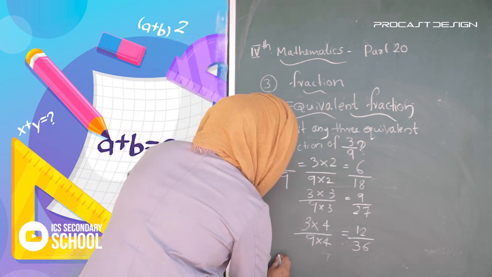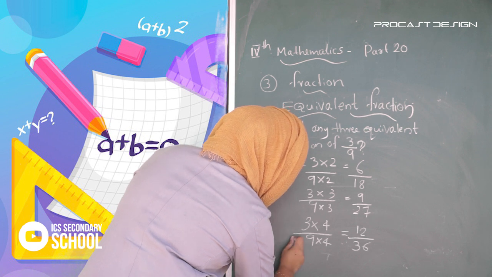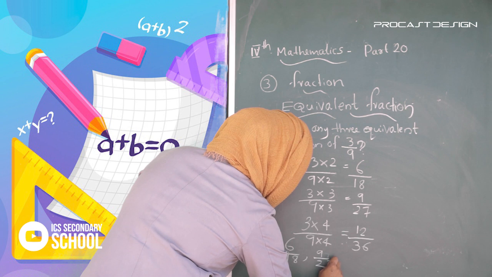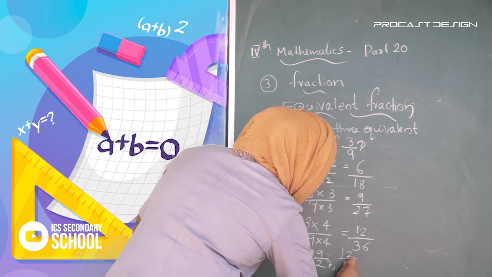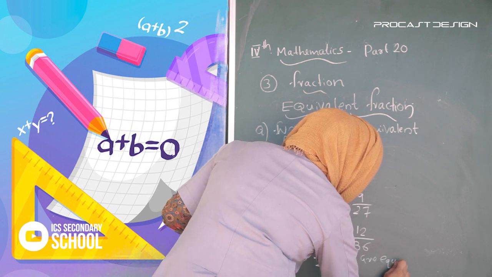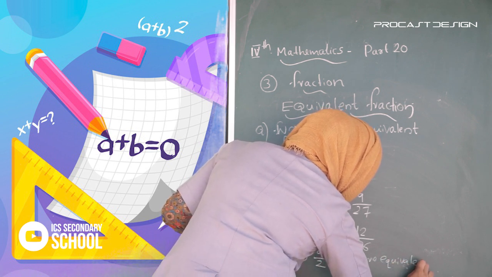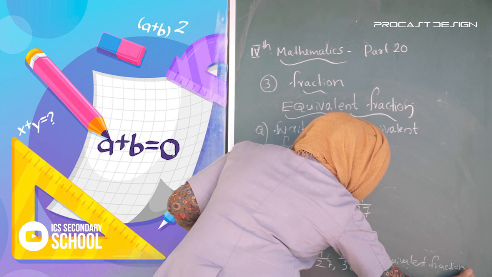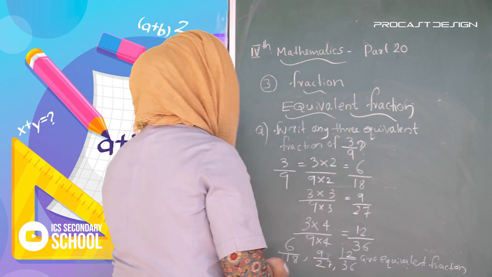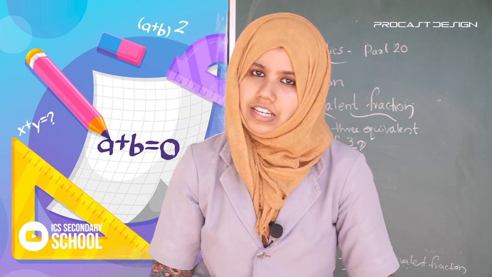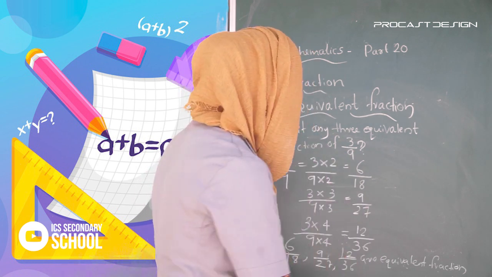So 6 by 18, 9 by 27, 12 by 36 are equivalent fractions. Okay. So to get an equivalent fraction, multiply the numerator and denominator by the same number. Okay.